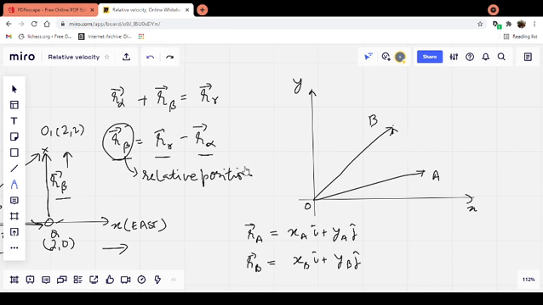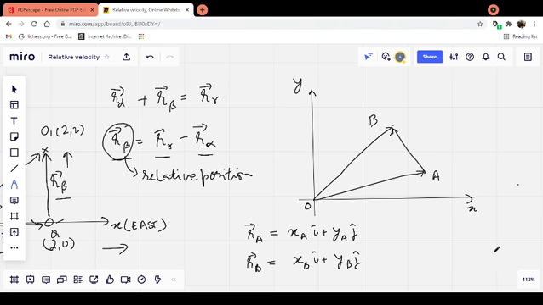Now if I want to write the relative position, so let me draw a straight line for that. Yep.